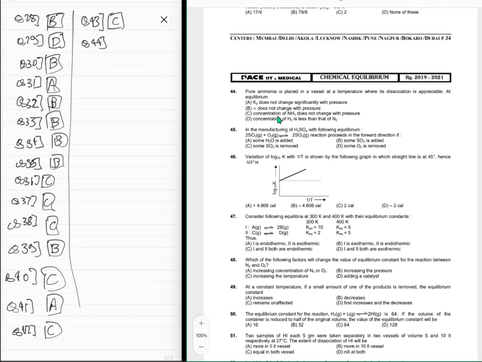Alpha does not change with pressure. No, wait. Something's wrong because N by V should be doing that and pressure should also be doing that. So if you increase your pressure, that's going to be a problem. What happens when you increase your pressure but do not increase your volume?